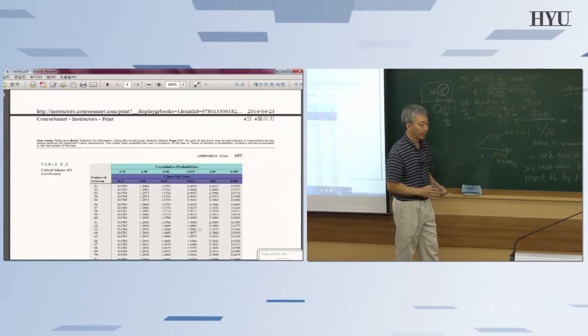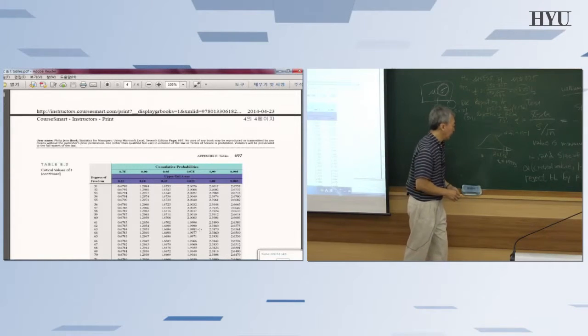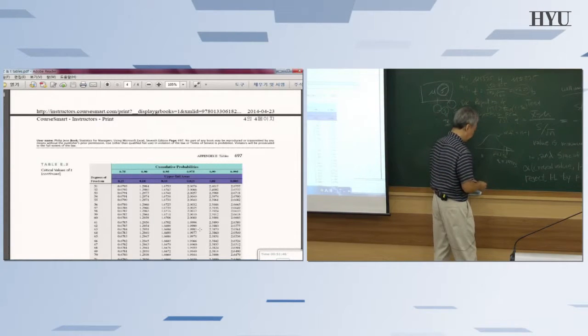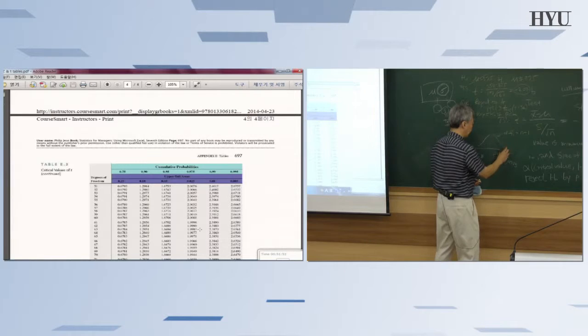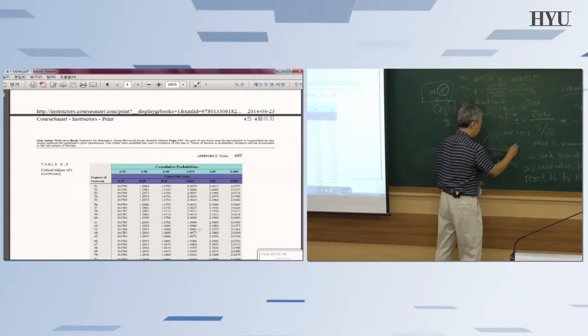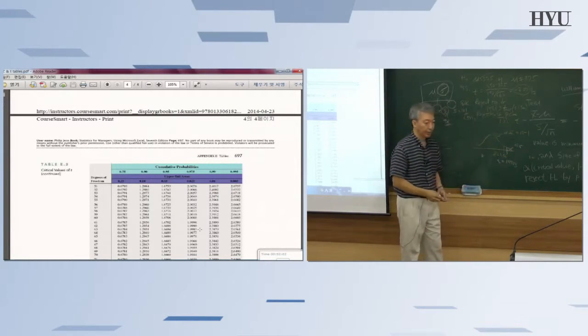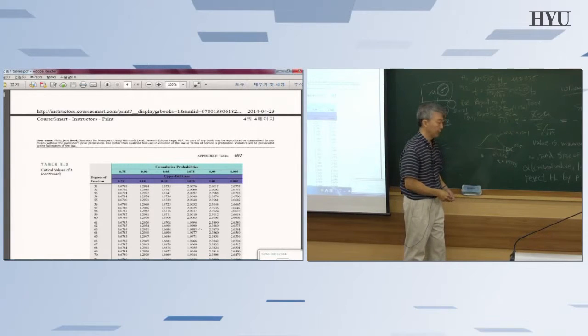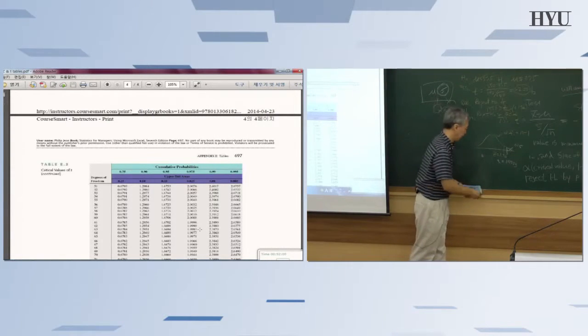The t distribution is a little bit wider than the z distribution, right? On the z distribution, the number which has 0.025 outside is 1.96. But on the t distribution, for the same 0.025, that number is 1.99, or almost 2.0.